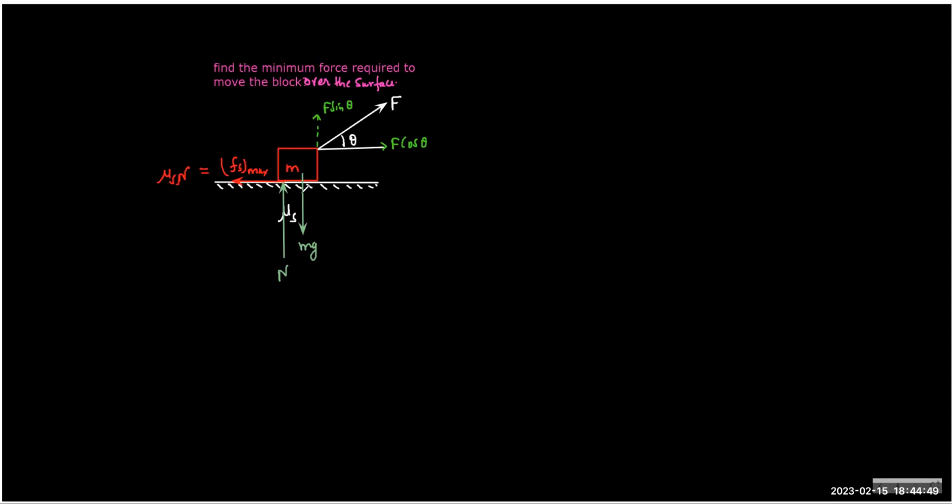And what we have done here, by virtue of the application, if you're trying to pull upward, you're creating a component which is lifting the block, and so it is decreasing the normal reaction. The pressing force will decrease, isn't it? So F sin theta will decrease the normal reaction between earth and the block, yes or no?